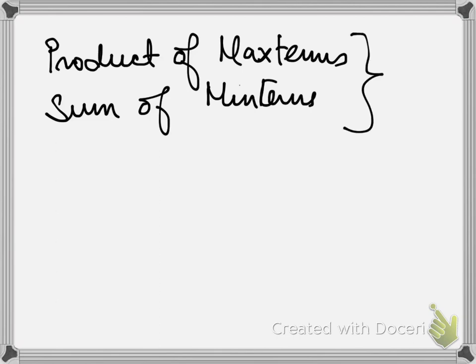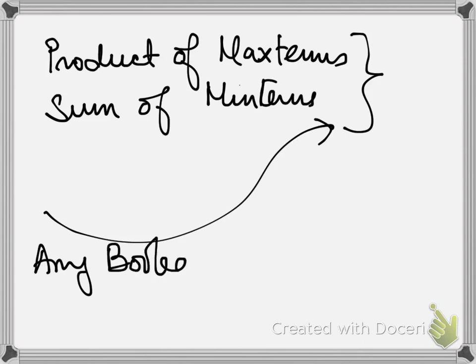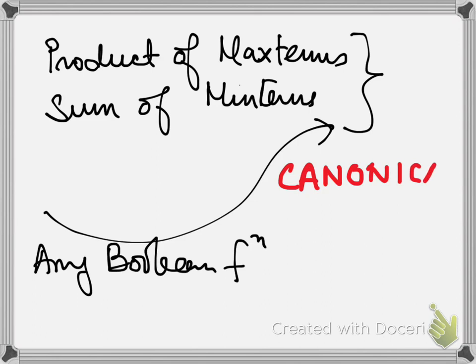Any Boolean function can be represented either as a product of max terms or as a sum of mean terms. And when you represent a Boolean function either as a product of max terms or sum of mean terms, this is known as the canonical form. Okay, so that is all in this particular video about canonical form representation.